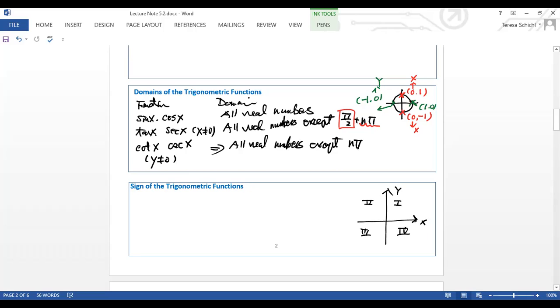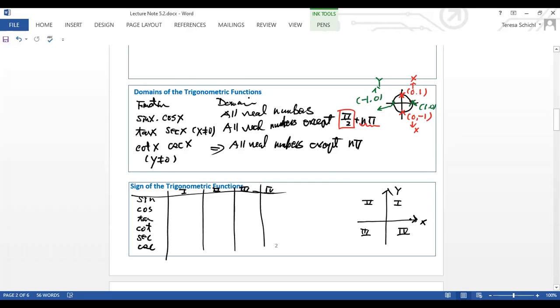For the signs, you can list sine, cosine, tangent, cotangent, secant, cosecant, and divide by the four quadrants: quadrant 1, 2, 3, and 4.